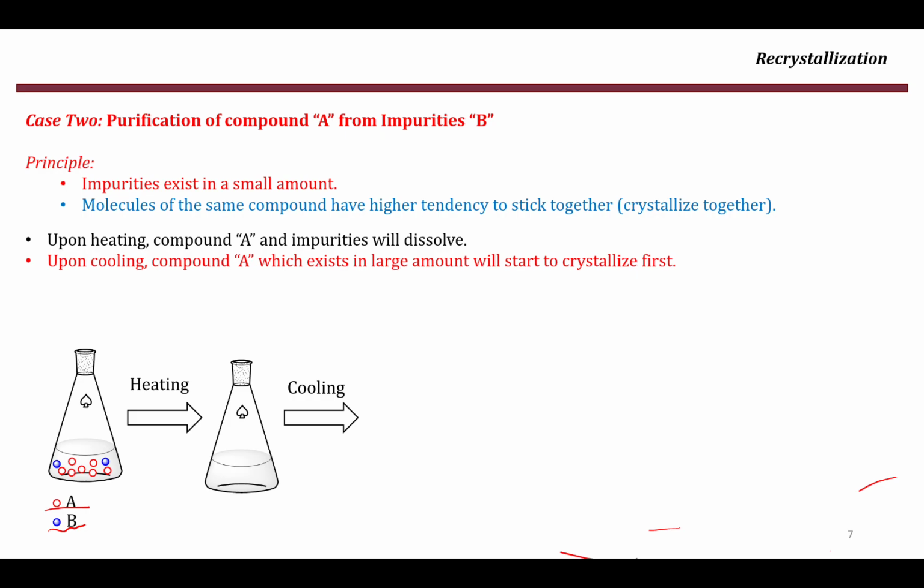Now, once we start cooling the whole solution, compound A, which exists in a large amount, will start to crystallize first. Remember, the amount of B, the impurity, is very small. That's why it's not going to form crystals. It will stay in the solution, whereas compound A, which exists in high amount, will start to form crystals. So B will remain dissolved in the solution, whereas A will form the crystals or the powder.